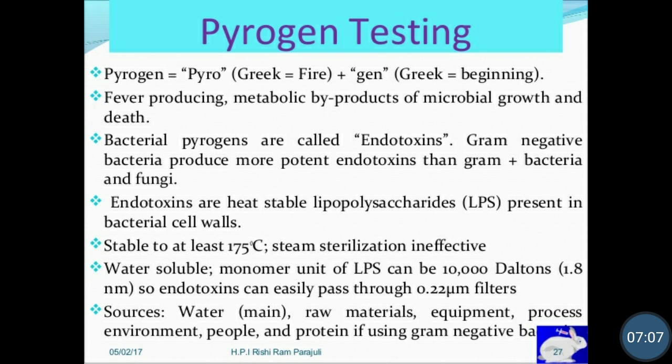Then raw materials, different types of excipients used to prepare the parenterals, then different equipment, process environment, then people, and the protein if using gram-negative bacteria. So all types of vehicles like water, excipients, ingredients, equipment, environment, and the people working in the parenteral area are the possible sources of contamination of pyrogens.